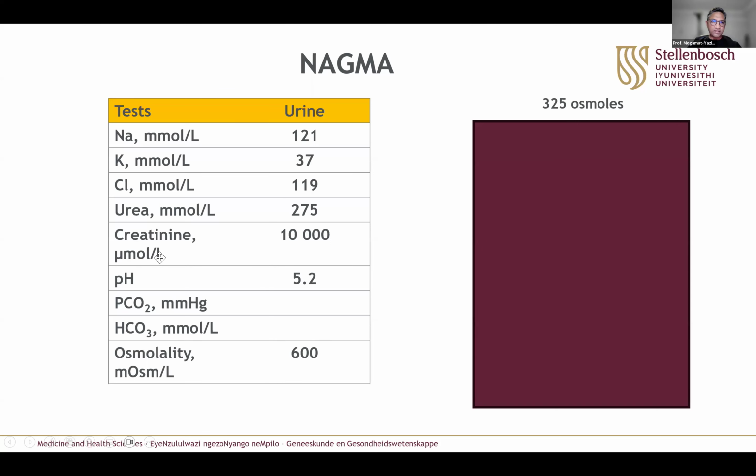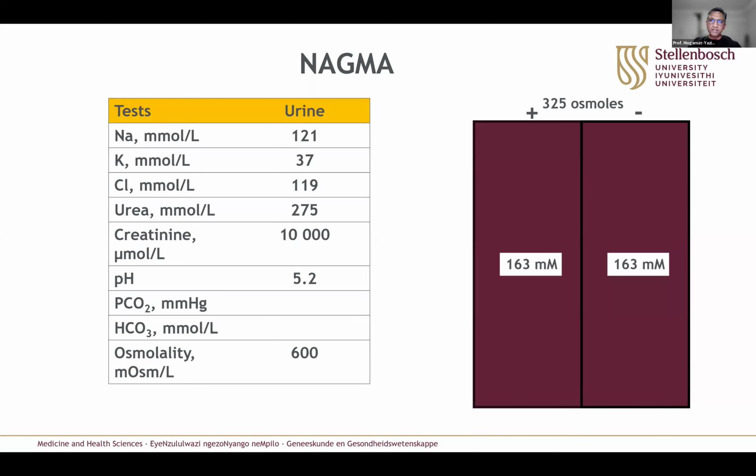In this case, there wasn't any glycosuria. So 600 minus 275, the remaining osmoles was 325, which were charged particles, either positively charged or negatively charged. Because we know they have to be electroneutral, there should be equal quantities of positive charges as there are negative charges. So in this case, it is 325 divided by 2, which gives me 163 positive charges and 163 negative charges.